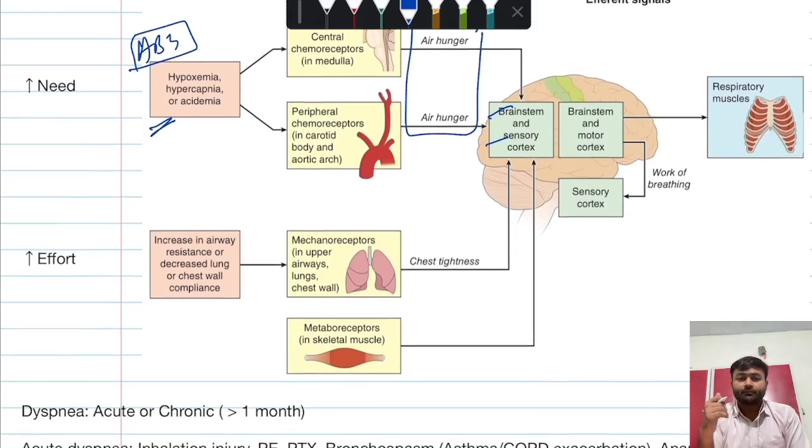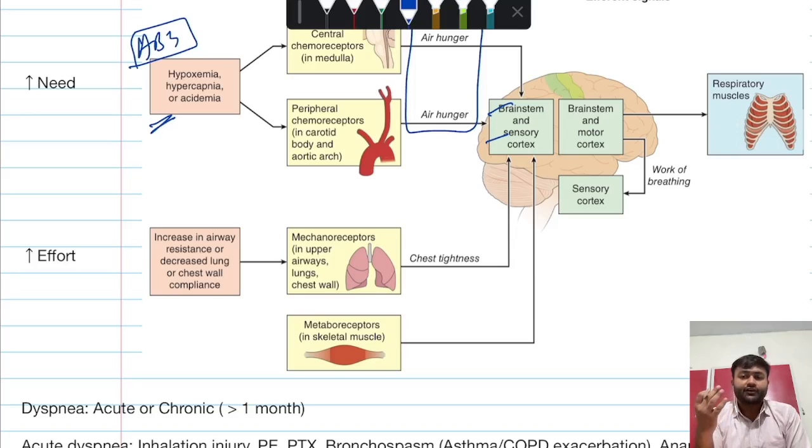On the other hand, if there is an increased effort that is required, then generally there will be some evidence of resistance either in the airway, the chest wall, the lung, or even in the vasculature, and these vasculature receptors are referred to as metaboreceptors. In the upper airways and the lungs, we have irritant receptors. I will write it down.